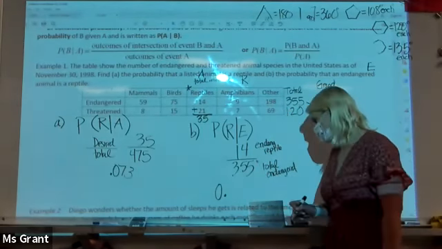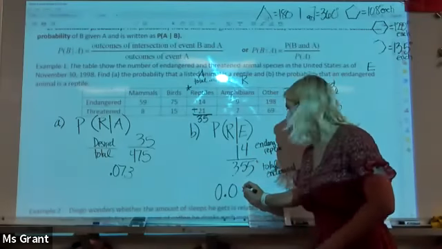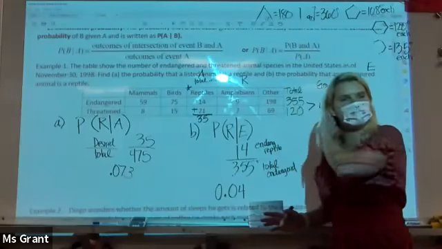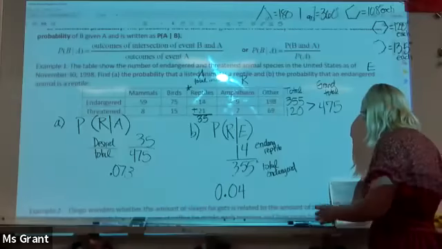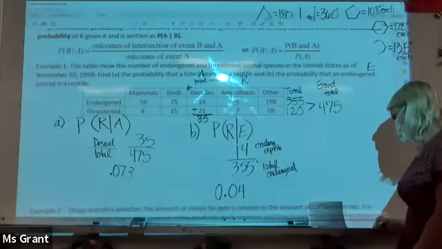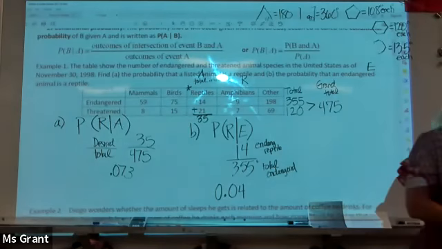When you divide it, 0.039. Okay, let's round it. So 0.04, just since I have my hundredths place, is fine. Great, that's it. So we're good. We're gonna go on to the next example.